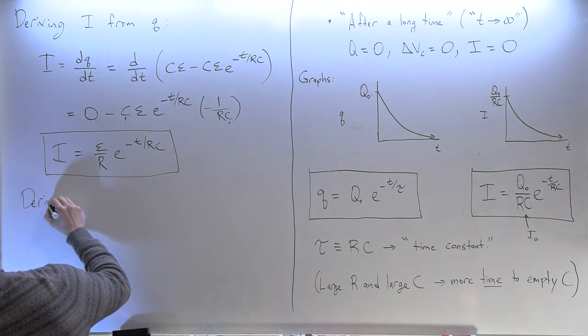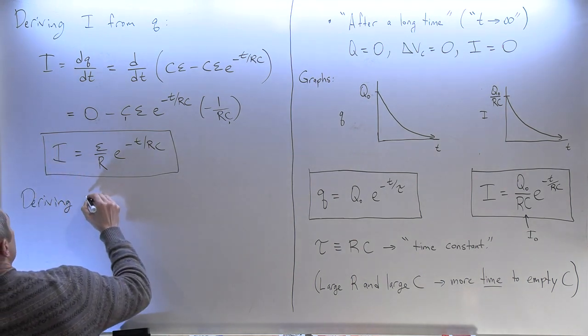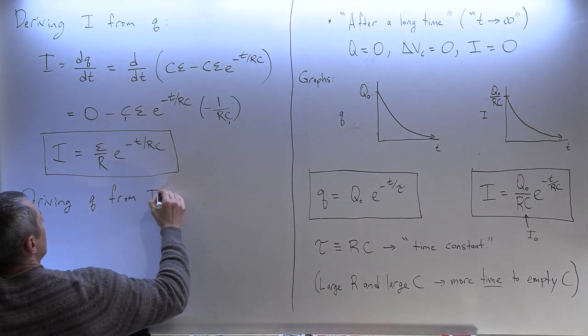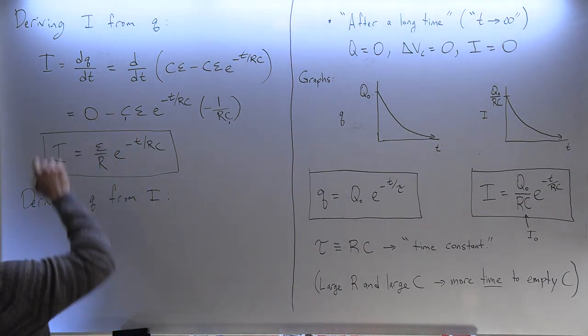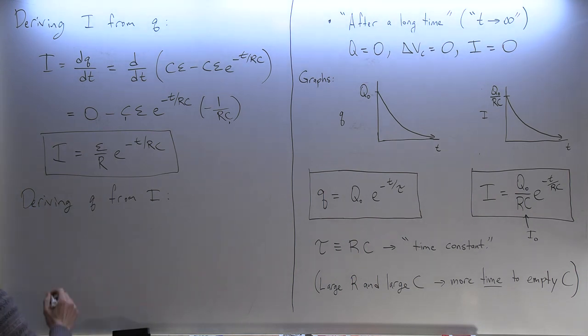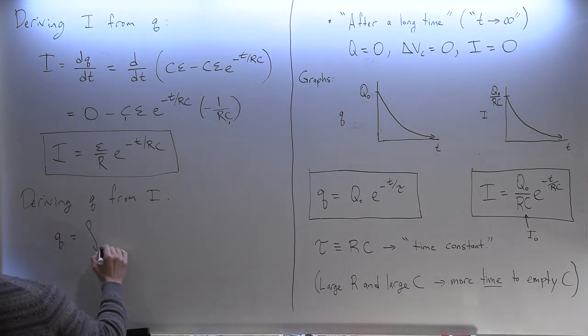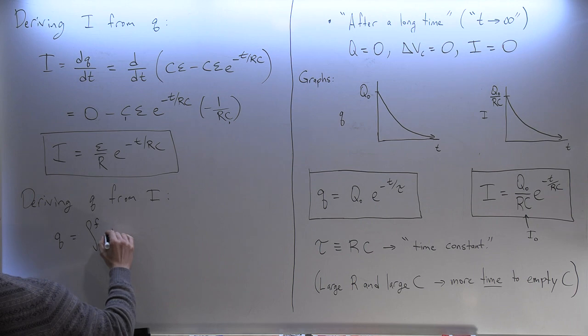Deriving Q from I. Well, if the derivative of charge is the current, the charge is the integral from initial to final of I dt.